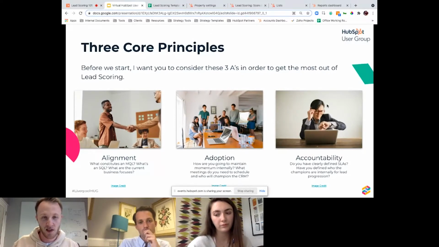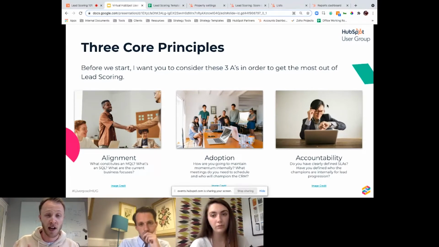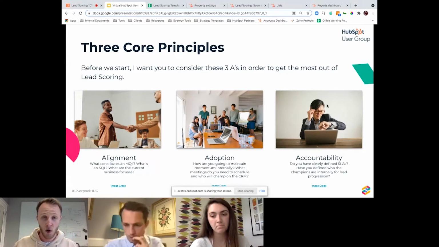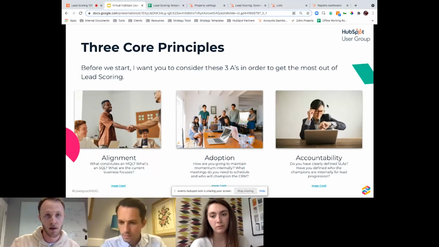Lead scoring can be split into what I like to call the 3 A's. The first of which is all about alignment. Lead scoring is so pivotal to set up, but ultimately you need to align with your sales function, your service function, your operational function of your business to understand what does our business currently need in this next quarter to drive immediate business gains.